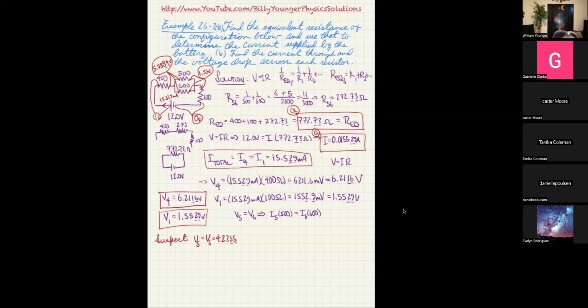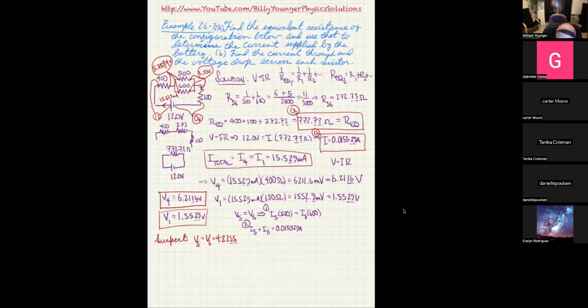So that's something neat that we know. But something else that we know is I5 and I6 both came from the total current, which was 15.529 milliamps. So these two must add to give me 0.015529 amps, like that. I'm going to call this equation 1. I'm going to call this equation 2.